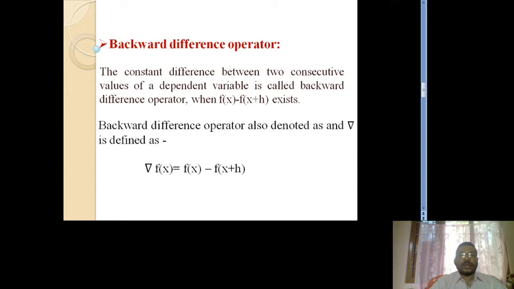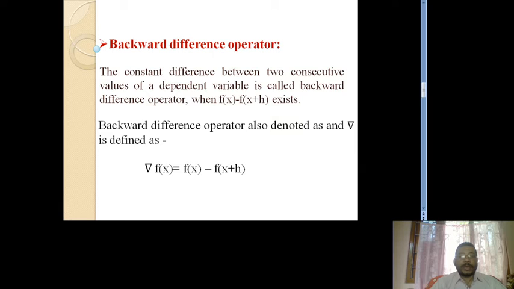Then backward difference operator. The constant difference between two consecutive values of the dependent variable is called the backward difference operator. Here the difference will be taken from the preceding value to the succeeding value, that is f of x minus f of x plus h. So, the backward difference operator is defined as nabla, and nabla f of x is equal to f of x minus f of x plus h.